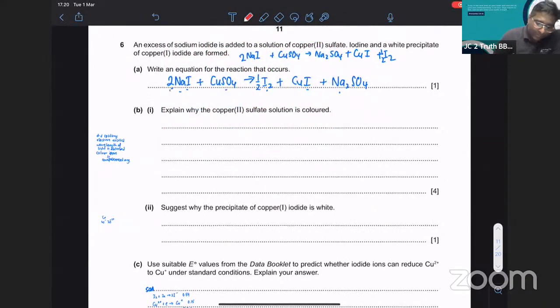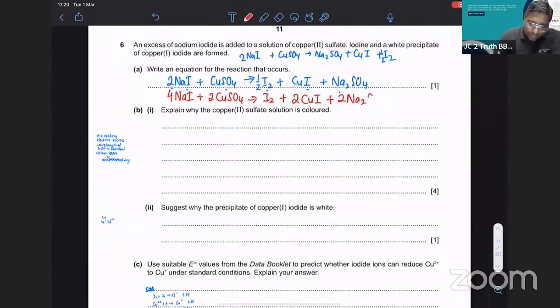So you times everything by 2: 4 NaI plus 2 CuSO4. You are going to get iodine, 2 CuI plus 2 Na2SO4. You are going to get the equation. So you just need to write down. It's 1 mark.